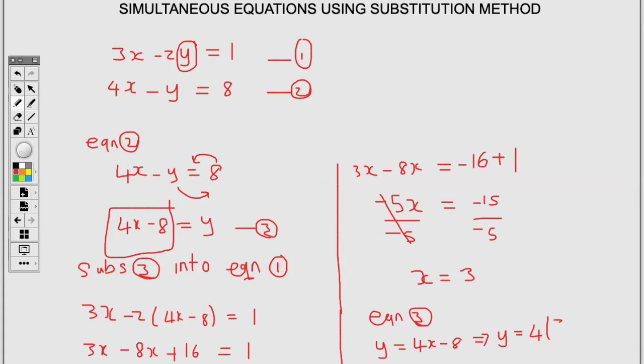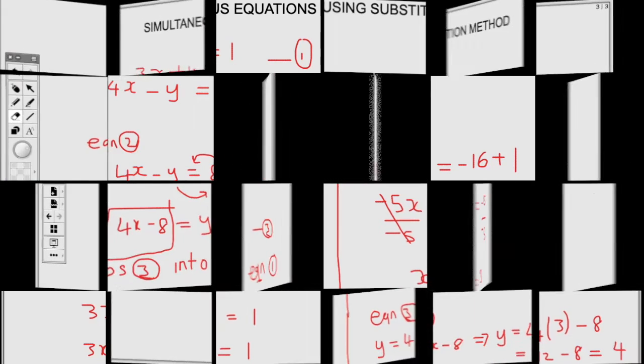So we have 4 times 3 minus 8. And we know that 4 threes are 12 minus 8. So y is equal to 4. So x is 3 and y is 4. And that is it.